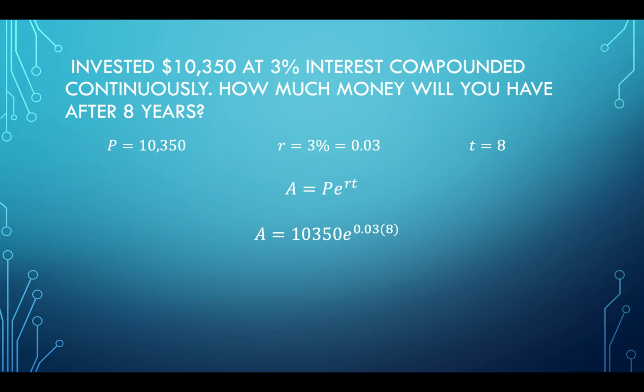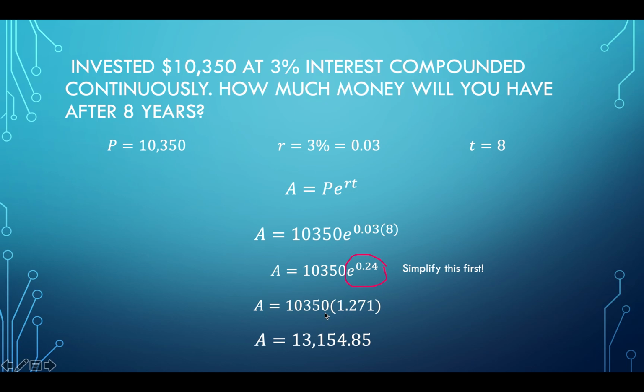The first thing I'm going to do is multiply 0.03 times 8, and I get 0.24. Simplify this first: e to the 0.24 power, and I get 1.271. Now I'm going to multiply 1.271 times 10,350. When I do that, I get $13,154.85.